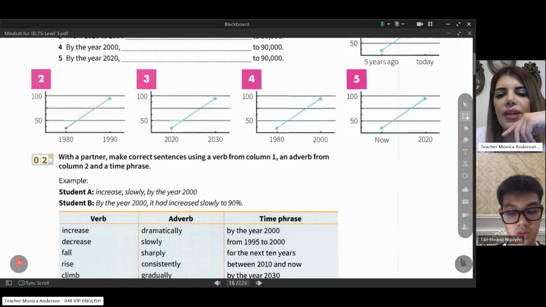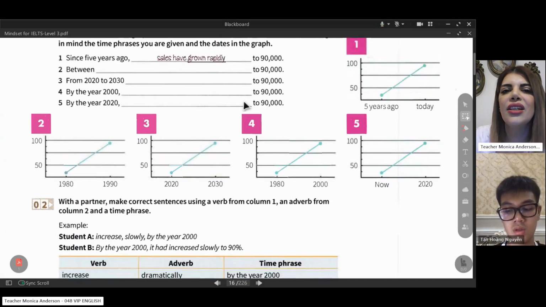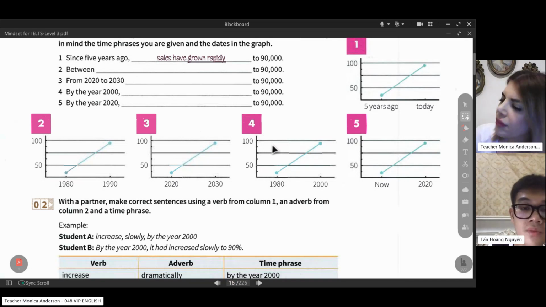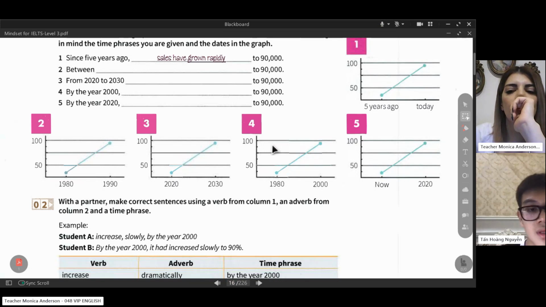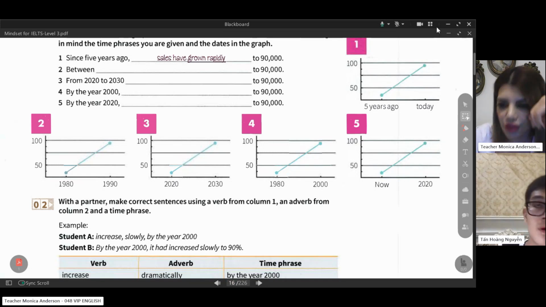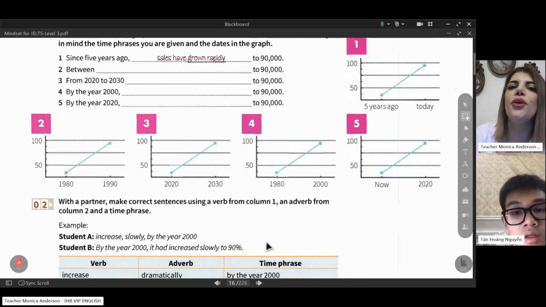Very good. So you can say, between 1980 and 1990, sales grew rapidly.